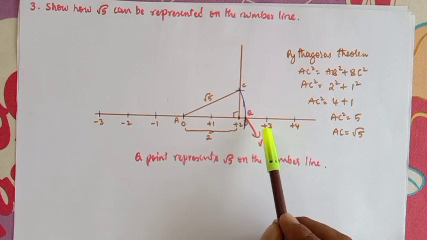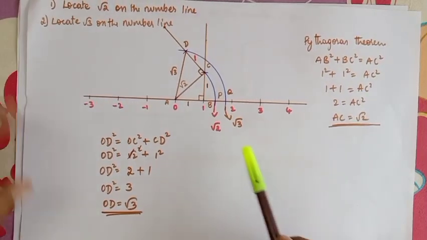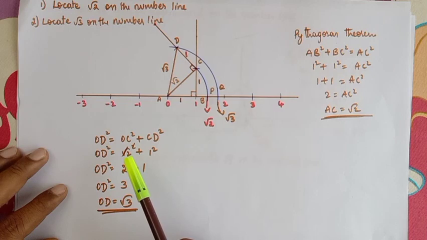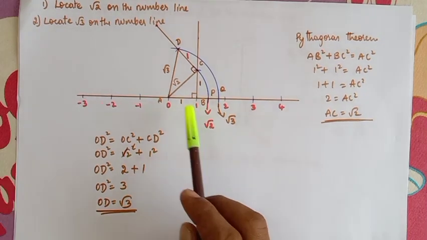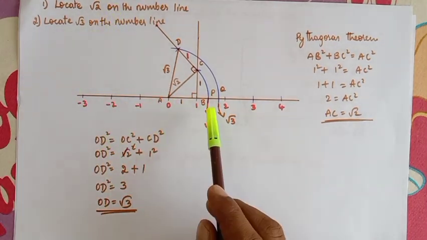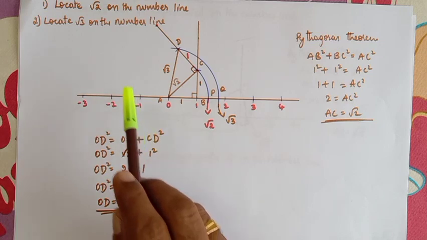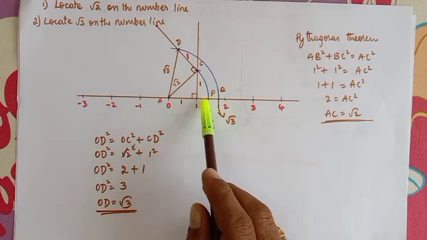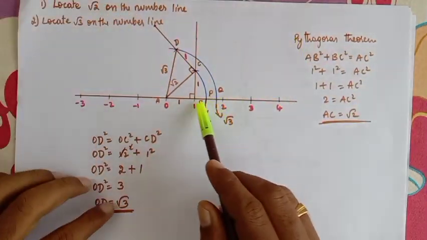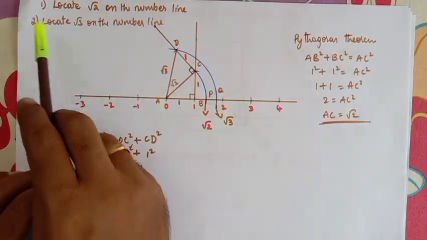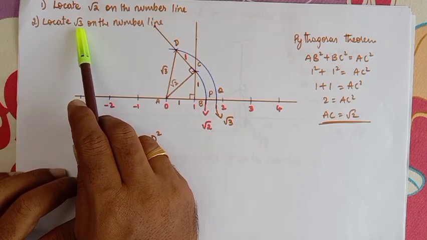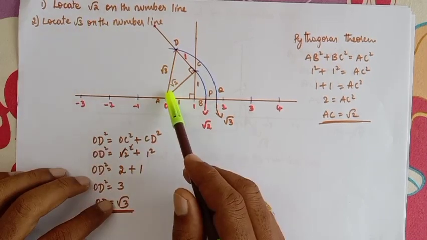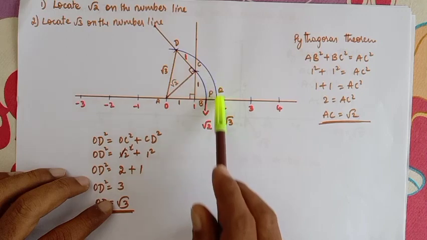But in this one, it is very necessary for us to find root 2. Both are different, but we have done them in the same picture. If asked in any test or exam to locate only root 2, you should stop at this point only. If it has been asked to find root 3, definitely you should find the root 2 length, and then only we can calculate the root 3 length.